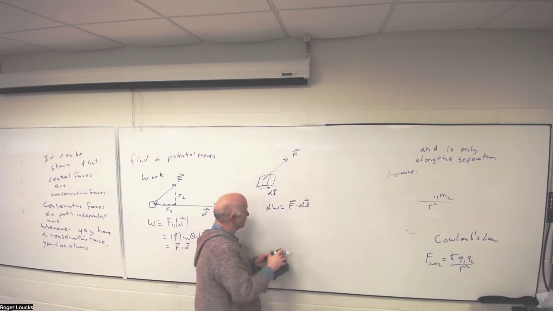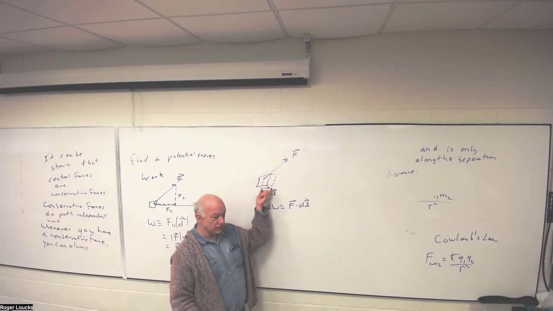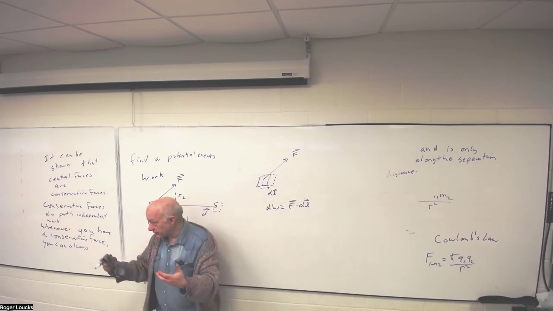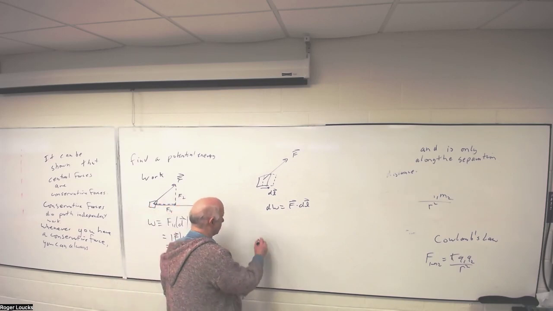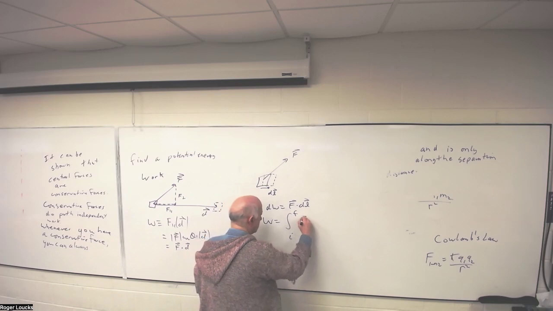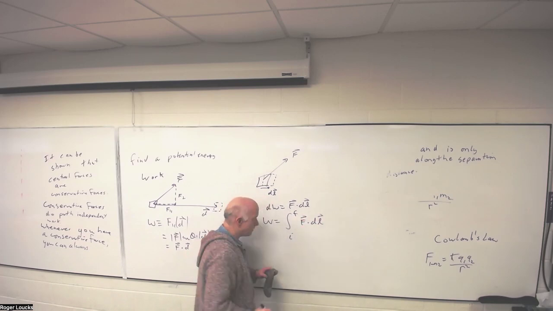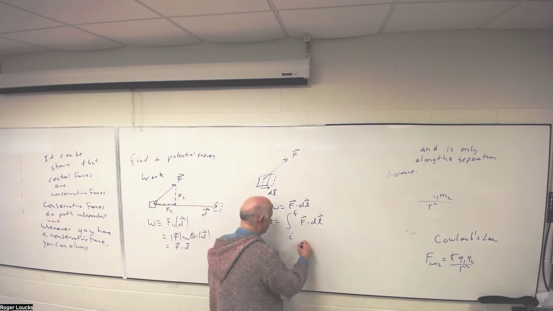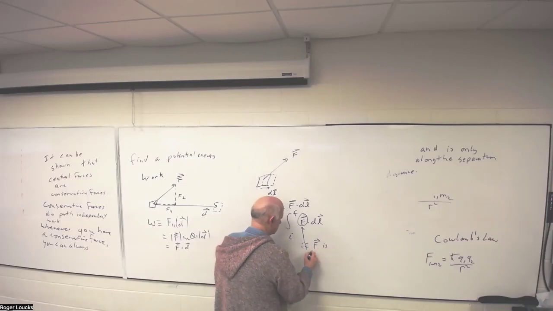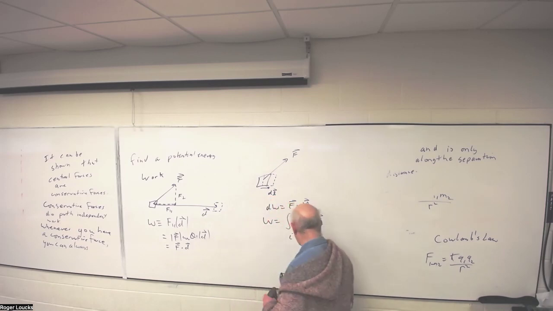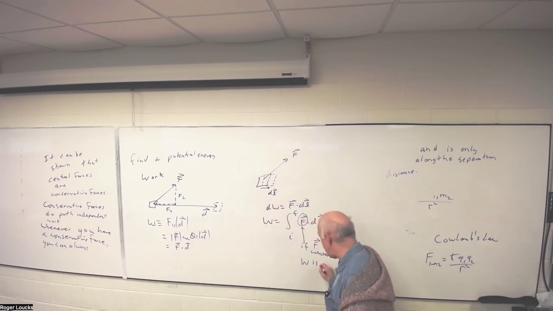That's the tiny work necessary to move it here. I can add the work to move it here, then here, then here, meaning I have to integrate. The total work is the integral from some initial to final spot of F dot dL. Now, if this is a conservative force, it means the work is path independent.